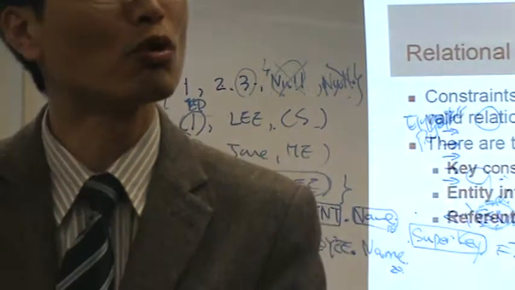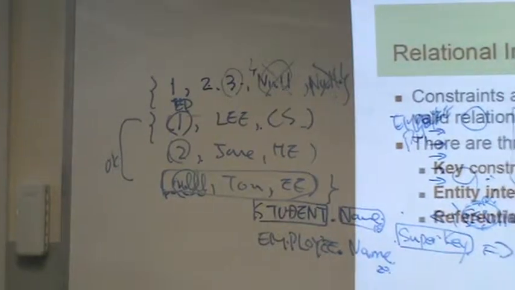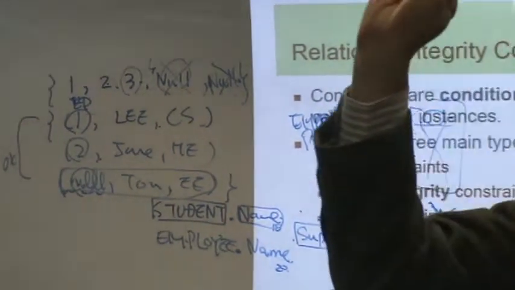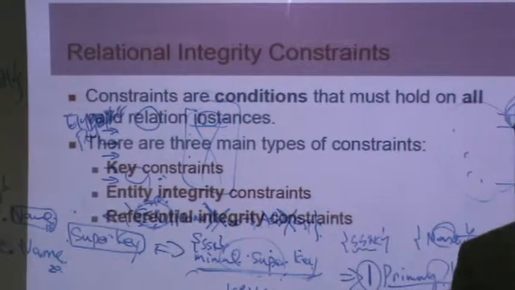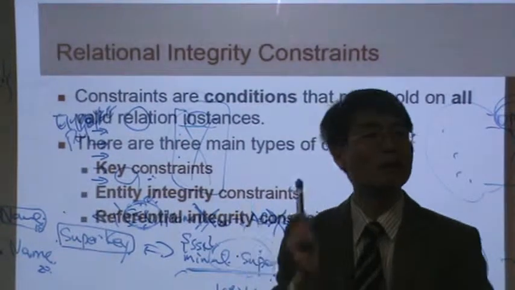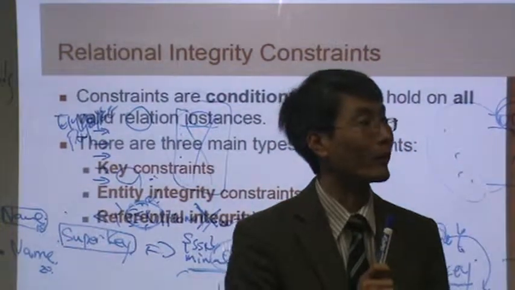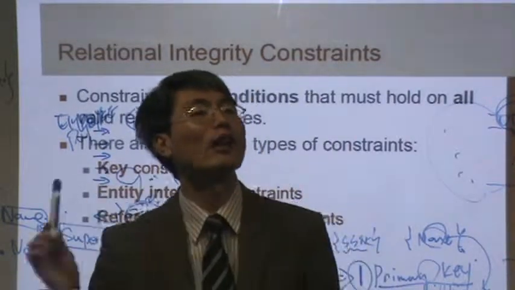If you search Google or Wikipedia or any textbook, a primary key is unique plus not null. So the second constraint is the entity integrity constraint, which means a primary key should not be null. Now you understand why a primary key is unique plus not null.